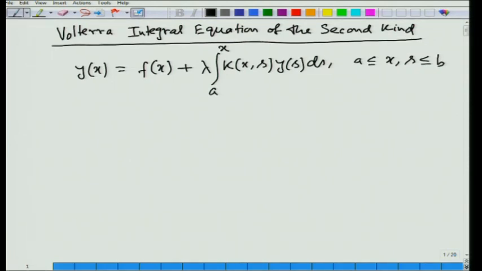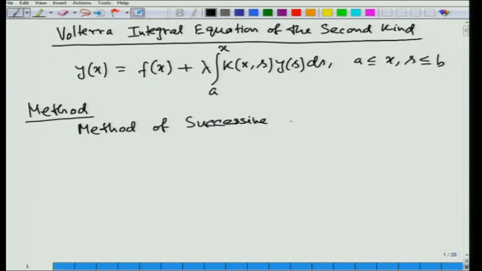This is the given integral equation, and the method by which we are going to solve this kind of equation is known as the method of successive approximation.